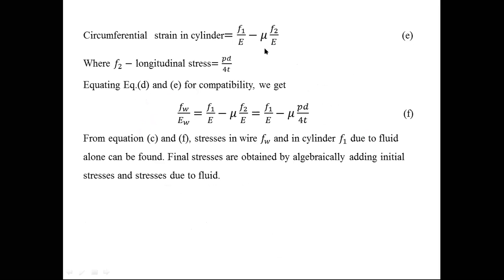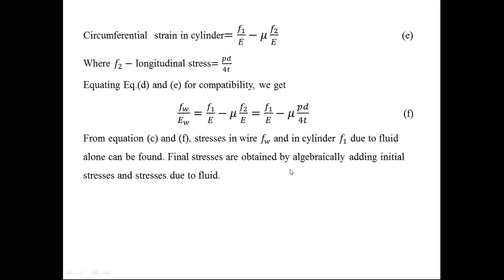But it is acting F1 and F2, two forces. The lateral effect, the secondary effect of F2 will be mu times F2 by E, where F2 is the longitudinal stress, P D by 4 E T. So again, you equate the equation D and E, then you get the equation F. So from equation C, you find the Fc, and from equation F the stresses in wire and cylinder due to fluid will be found.